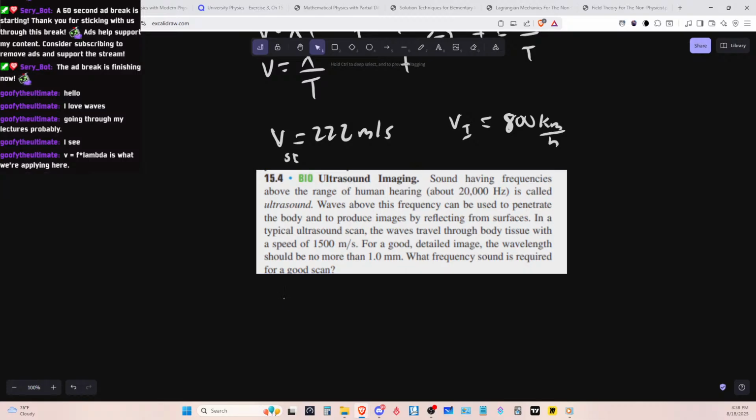First off, we know the wavelength is in millimeters, but we're going to reduce that to meters, so that we can get the measurements correct.